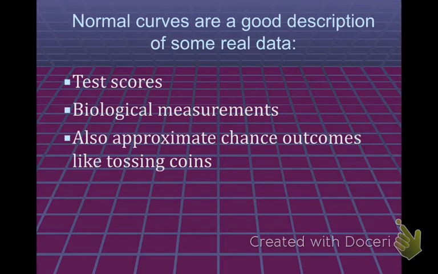Things like probability, so tossing a coin, how many times you're going to get heads, how many times you're going to get tails, also gets measured under a normal distribution. And then IQ scores, so an average IQ I think is 100, and then you go out from there, and you have people that would be a genius at the higher end, and you have people that are mentally handicapped at the lower end.